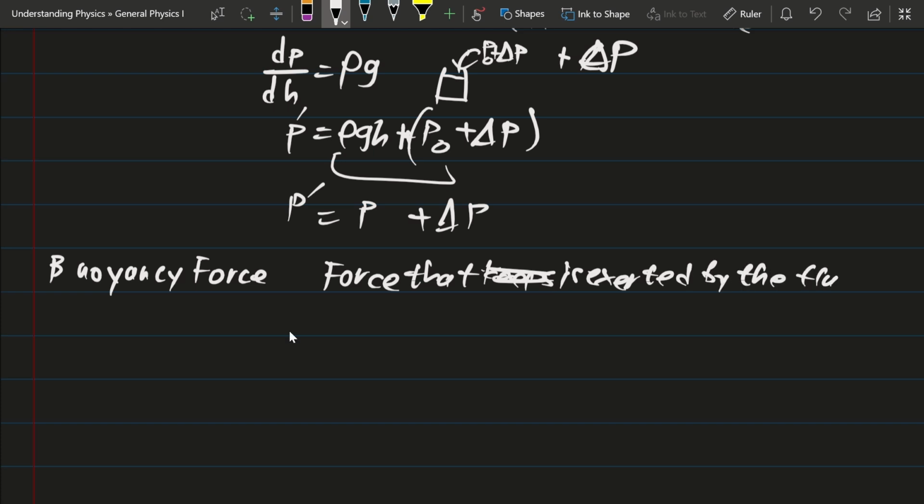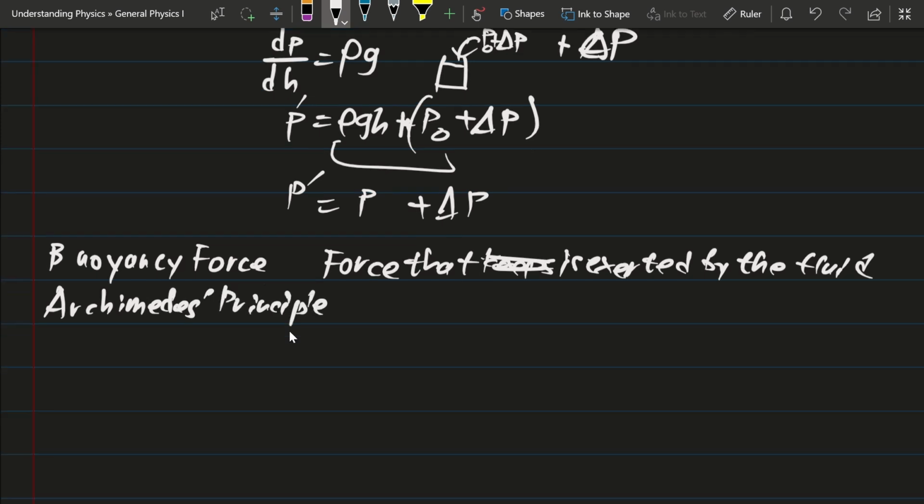So basically, the interaction between fluids and objects is called the buoyancy force. And one of the ideas in the buoyancy force is the Archimedes principle.